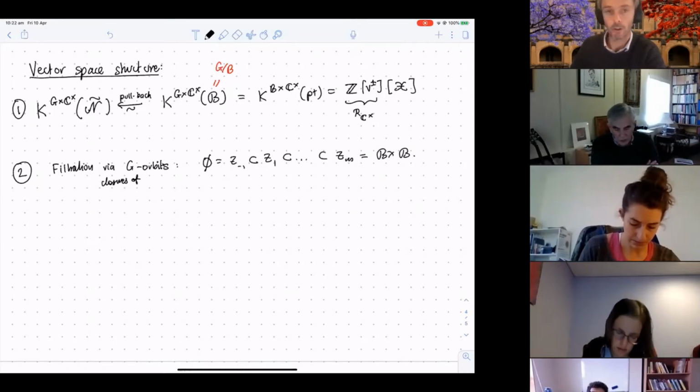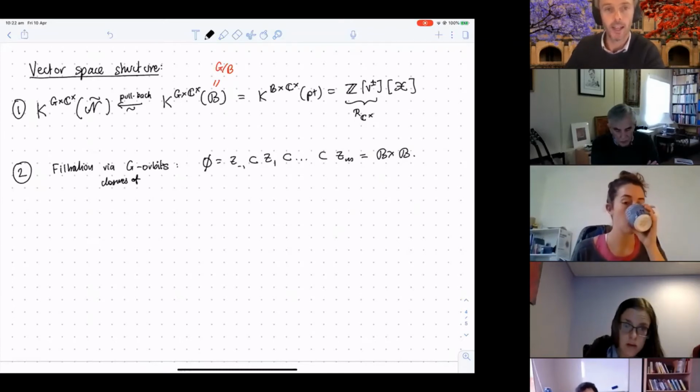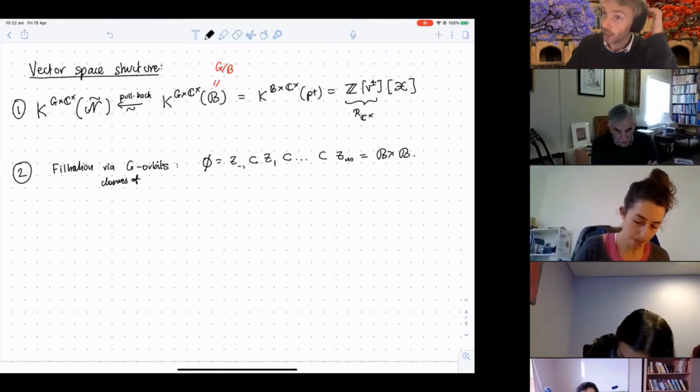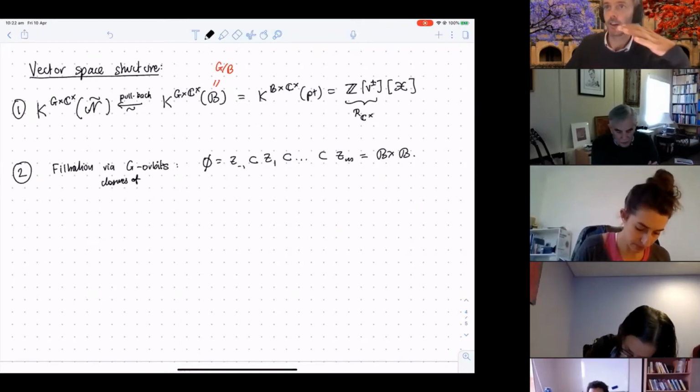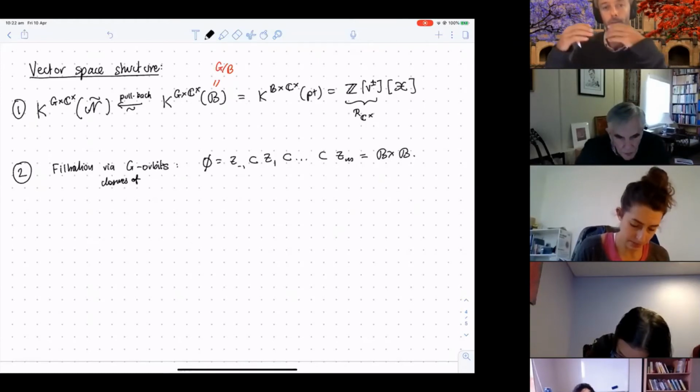Okay, so G orbits on B times B are the same thing as B orbits on B, and here we have the Bruhat decomposition, which gives us a filtration of the flag variety with successive differences affine spaces.